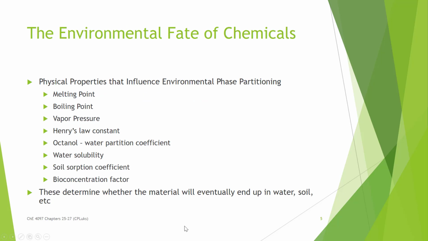Now, to determine what's going to happen to some chemical that we release to the environment, whether accidentally or intentionally, we need to think about the physical properties. Basically, what's the melting point or boiling point? In other words, is it going to be a solid, liquid, or vapor in the environment? What's the vapor pressure? What's the Henry's law constant?